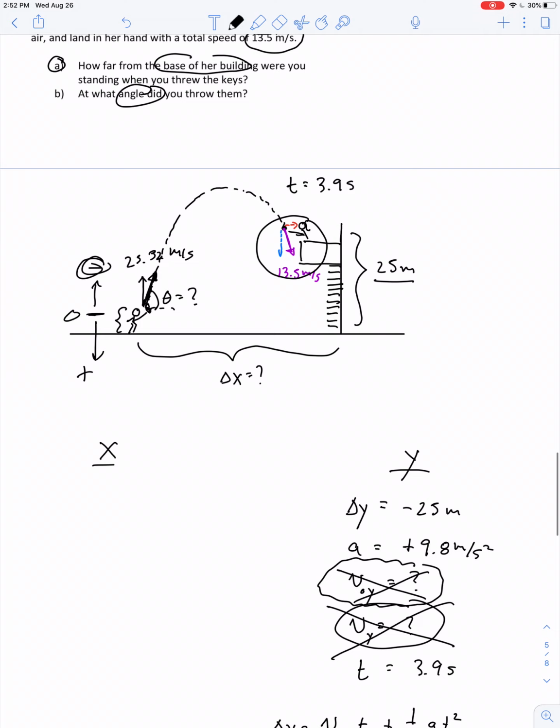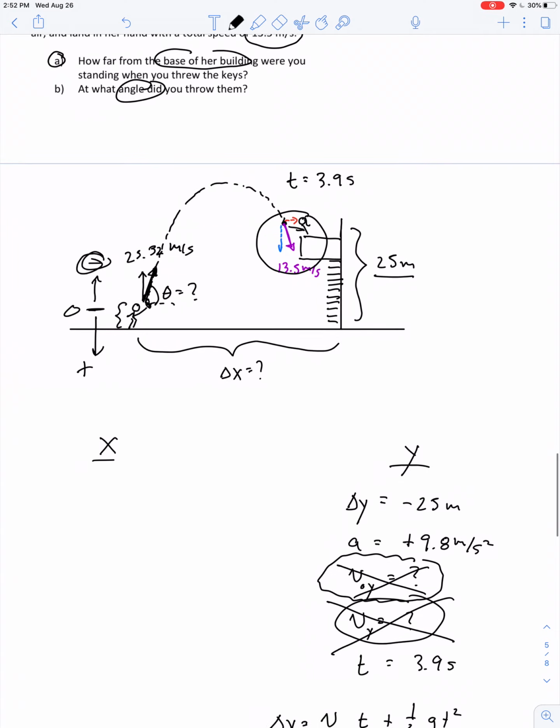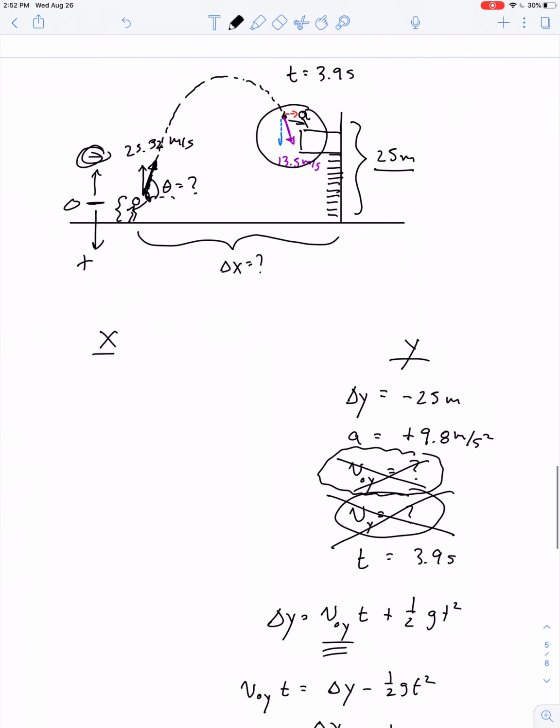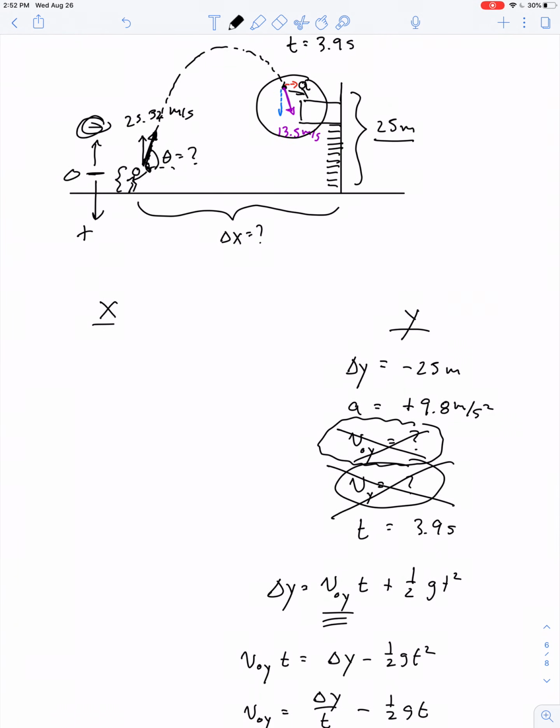Now the horizontal velocity has to maintain a constant value. So let's see. Our delta x is unknown. Our time is 3.9 seconds, and our horizontal velocity is constant.